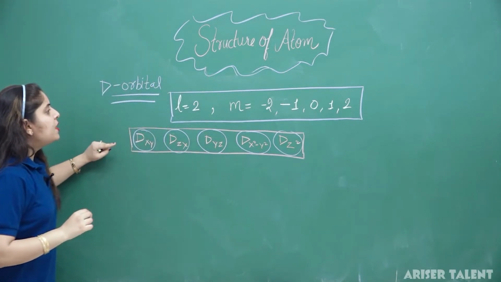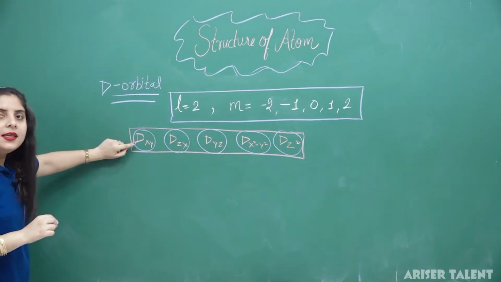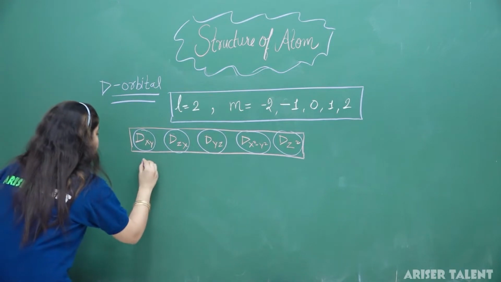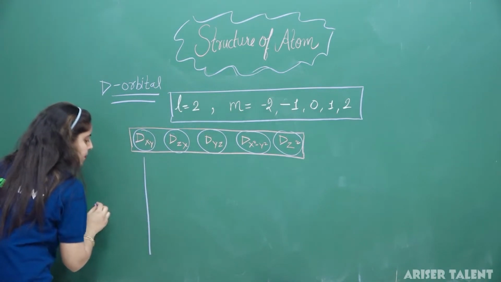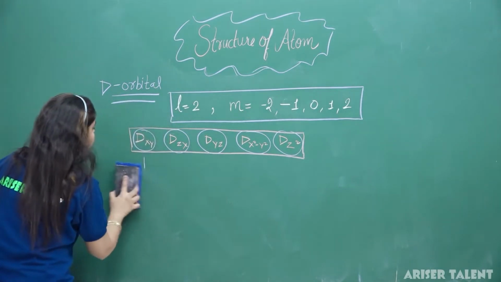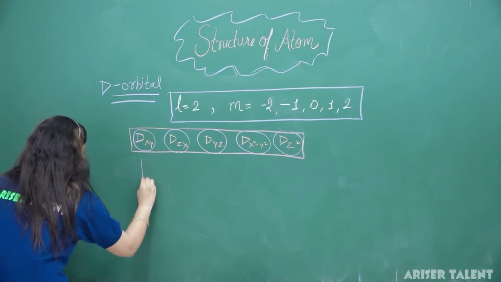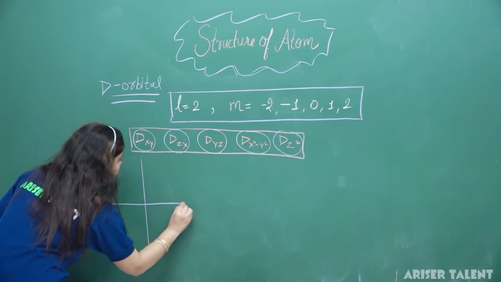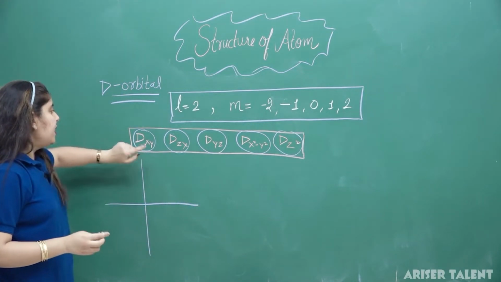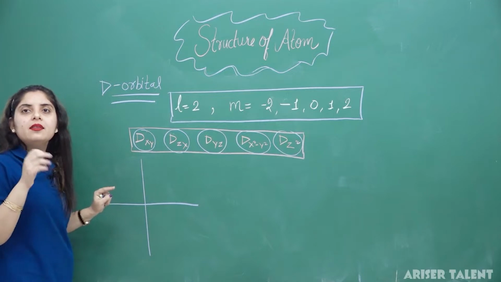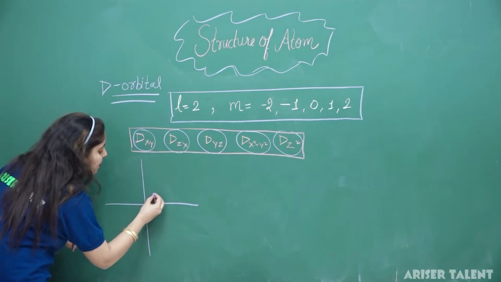So firstly we will draw the diagram for dxy. Again, dxy means the orientation will be in the xy form. So which diagram will we get?